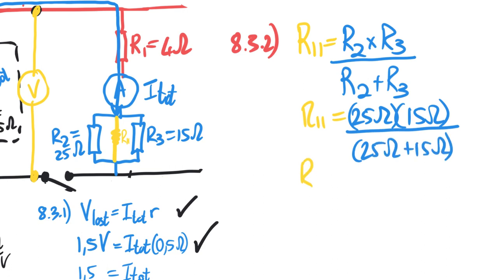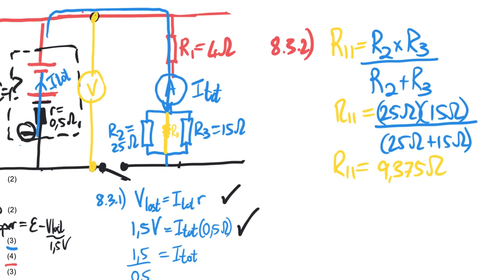So therefore R parallel is going to be 25 times 15 divided by 25 plus 15, which is 40, and that gives us 9,375 ohms. And you should be able to see clearly that this 9,375 ohms is smaller than the 15 ohms and the 25 ohms, which is what it should be because the parallel circuit has got an extra conducting path.